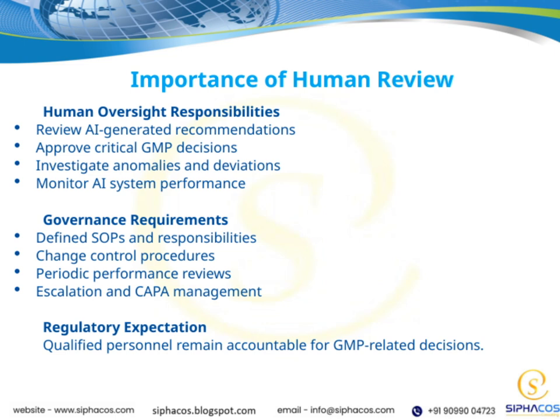Now, moving on to governance requirements. Having well-defined SOPs and clear responsibilities helps create a structured approach to oversight. Change control procedures are vital to manage modifications systematically, minimizing risk. Periodic performance reviews of both systems and processes ensure everything stays on track and any issues are addressed promptly. Additionally, escalation procedures and CAPA management are important to handle deviations effectively and prevent recurrence.